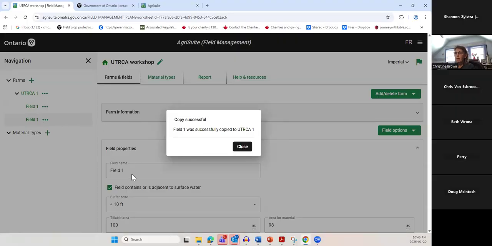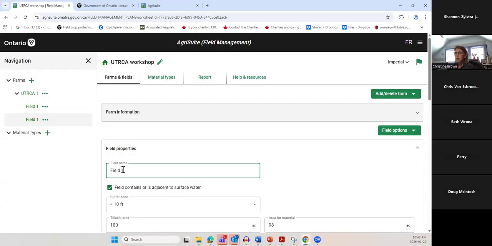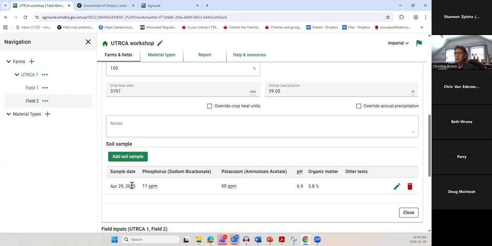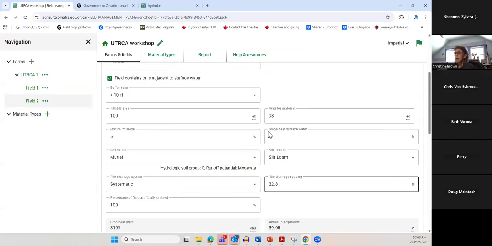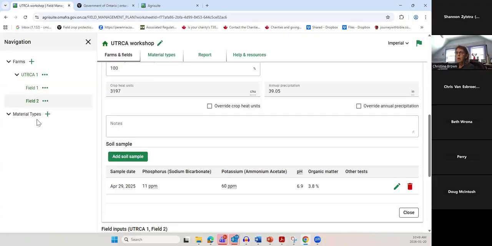So I go back and I can call this field 2. And if there's something different about this field, if the soil test is different, I can add that. If the slope is different, if the soil type is different, I can add that here. I can also change that once I've done all my field inputs.